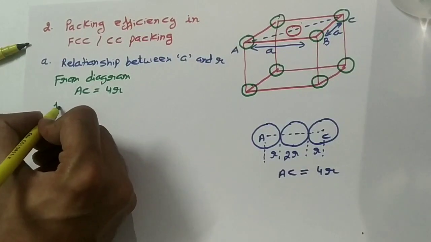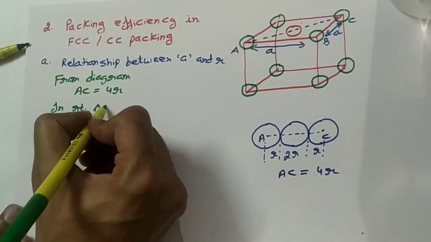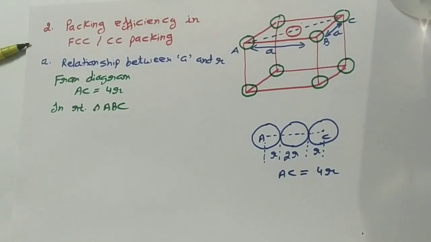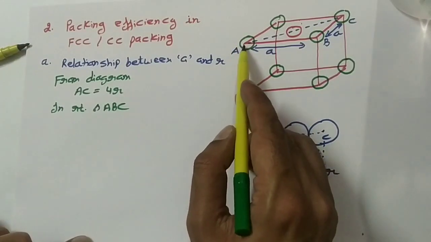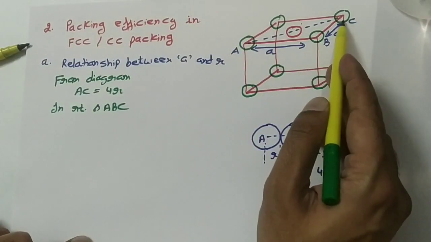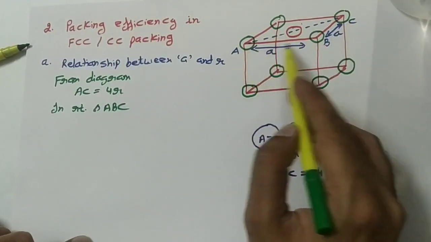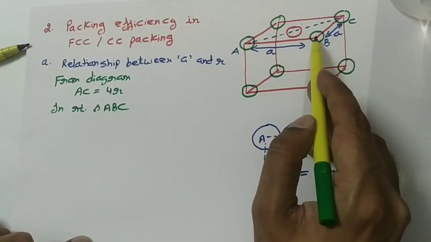Then consider the right angle triangle ABC. If you consider the top surface of a cube, points A, B, C. Imagine, take a cube in hand, see points ABC. Is it a right angle triangle? At B, angle is 90 degrees.